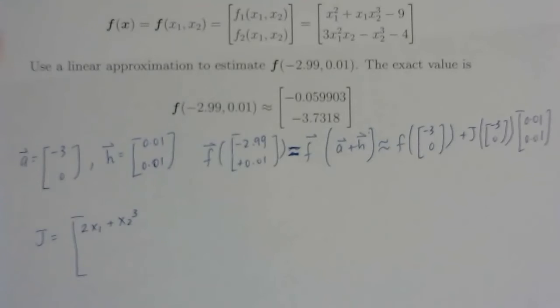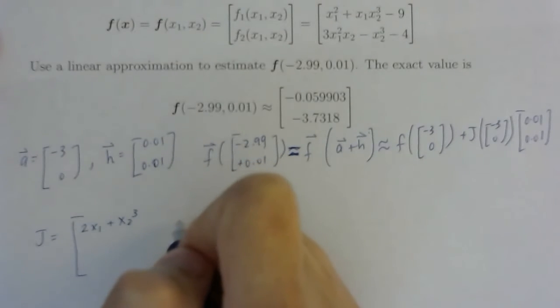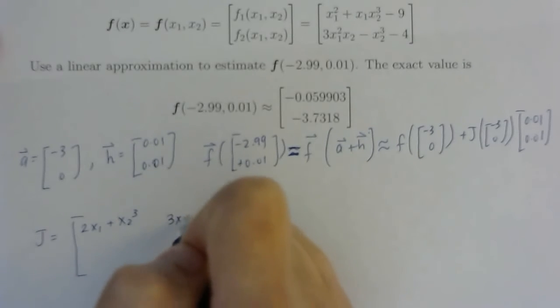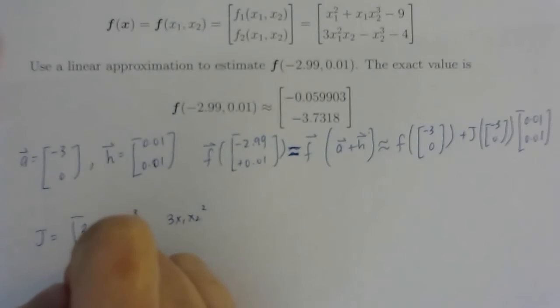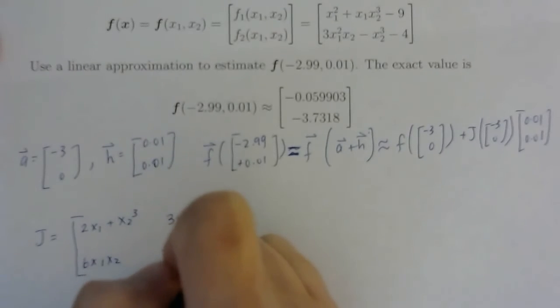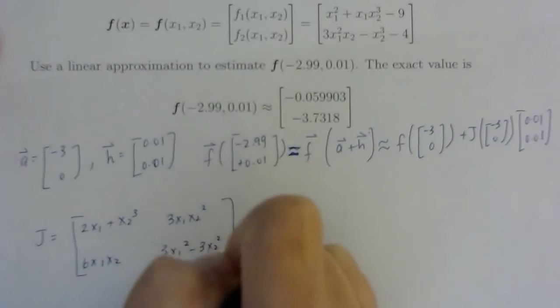The partial of f1 with respect to x2, which is the 1, 2 term here, is going to be 3x1 x2 squared. The partial of f2 with respect to x1, 6 x1 x2, and the partial of f2 with respect to x2, 3 x1 squared minus 3 x2 squared.